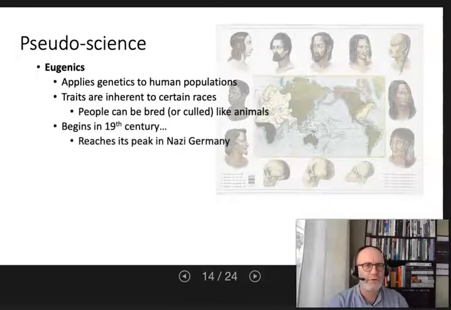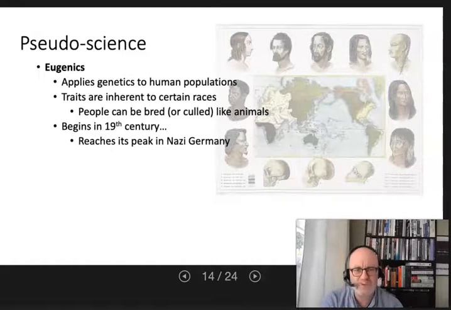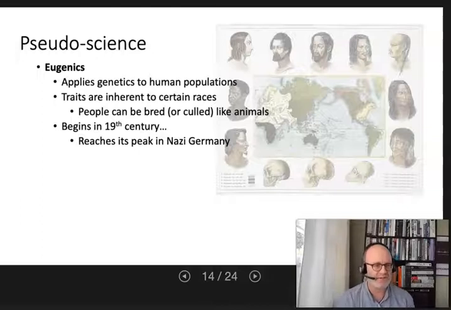Social Darwinism misapplies biology to human populations. Eugenics misapplies genetics to human populations, right? And this is the heritability of traits that matter, like intelligence, like thrift, hard work, and it leads to a lot of very bad things.